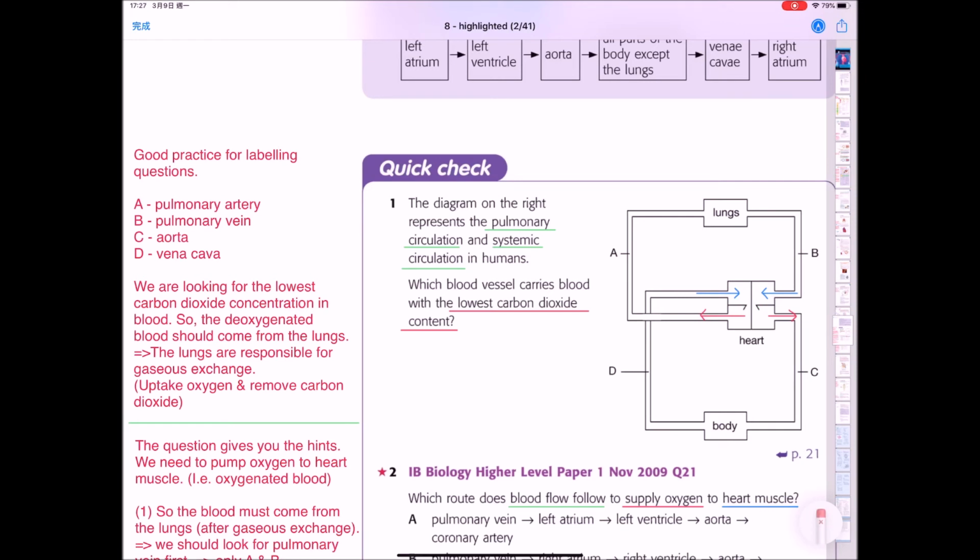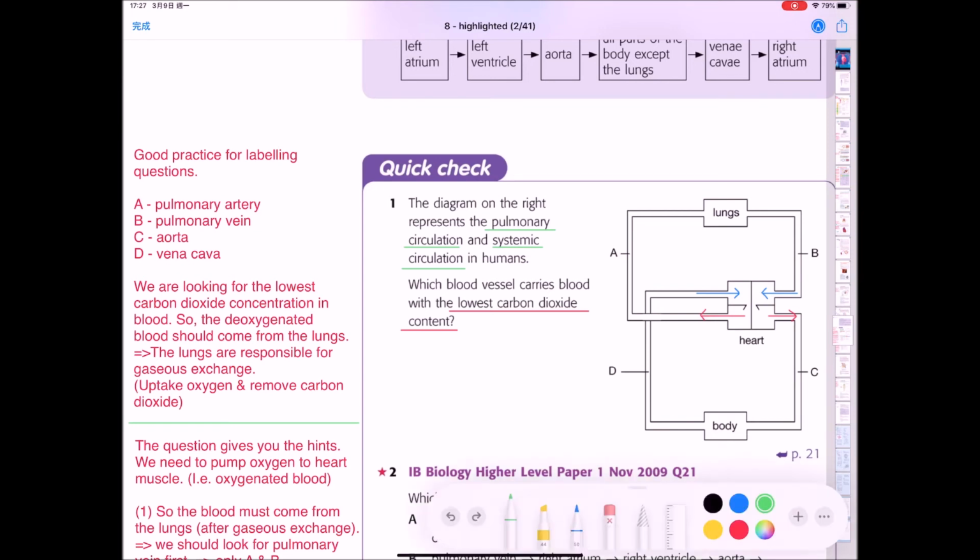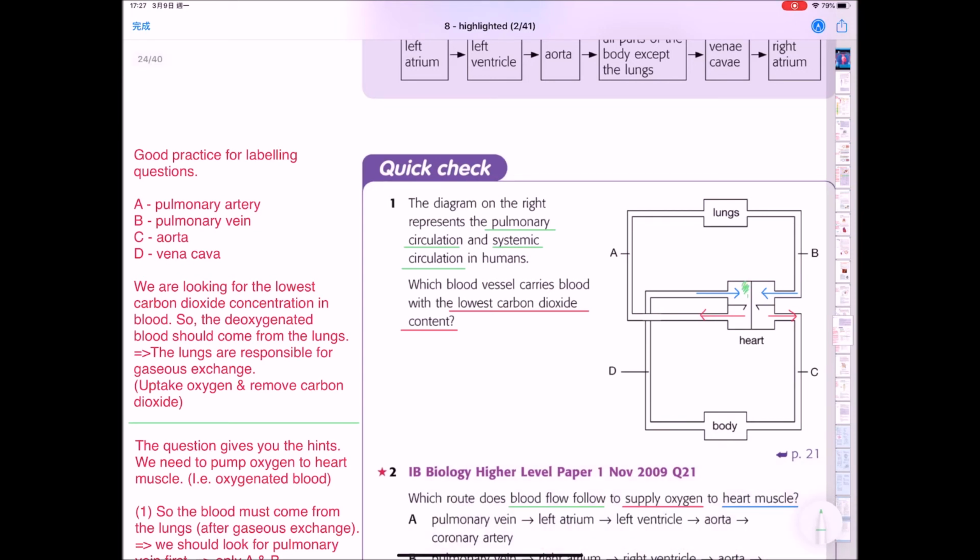The concept is that when the blood flows from this chamber to this chamber, or is pumped to this chamber, the valve will be opened. However, if the blood is pumped up from this direction, the valve should be closed. So from this diagram we are able to distinguish the blood flow direction first, and then I draw this blue and red arrow for you.